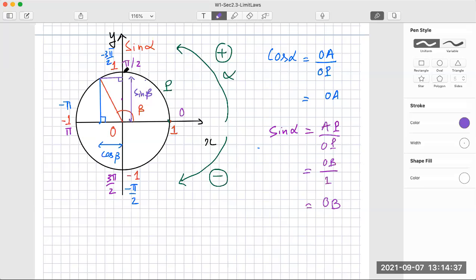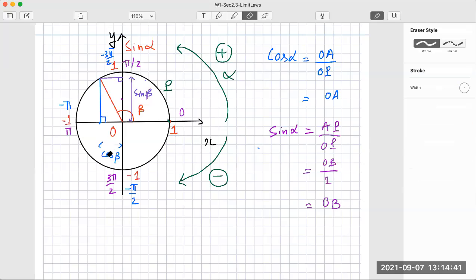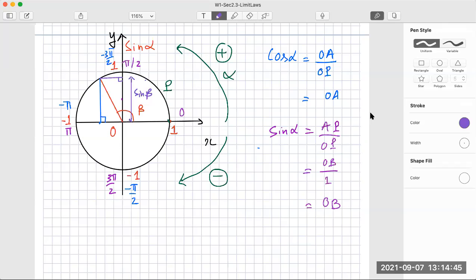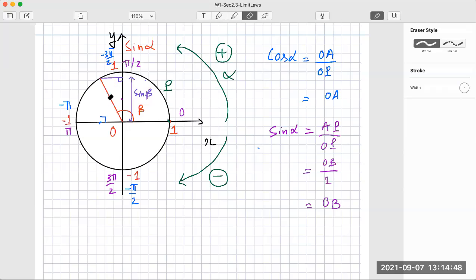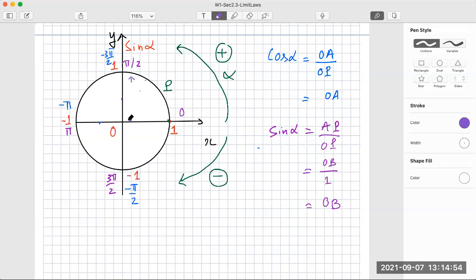Let us do a quick question here. Suppose the angle alpha is in the third quadrant, and the angle is this big from here to here.